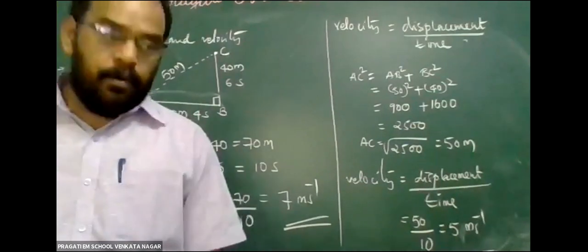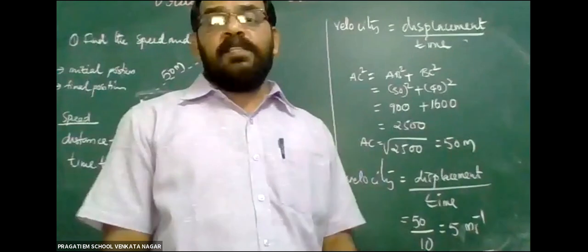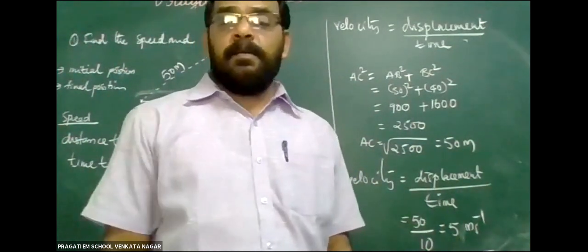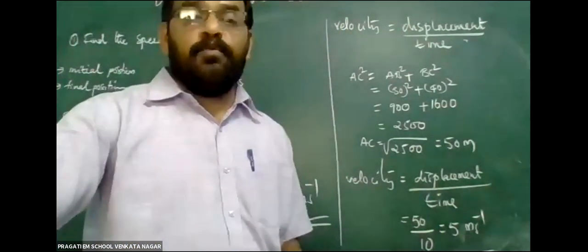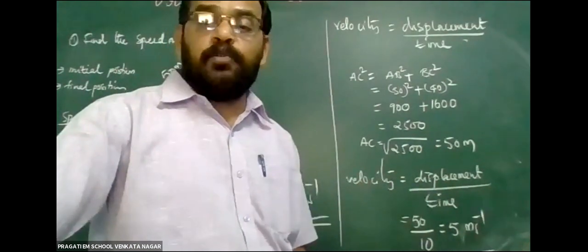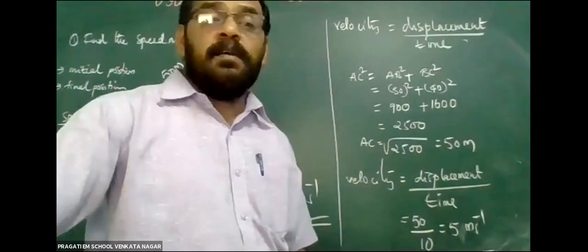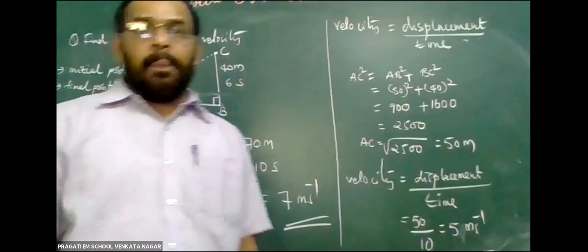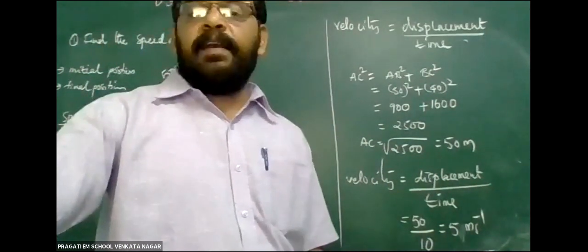Today, in the afternoon, what you have to do is take all these 3 derivations: v is equal to u plus at, s is equal to ut plus half at square, v square minus u square is equal to 2as. All these derivations, prepare yourself and write one time, and again every time more faster.